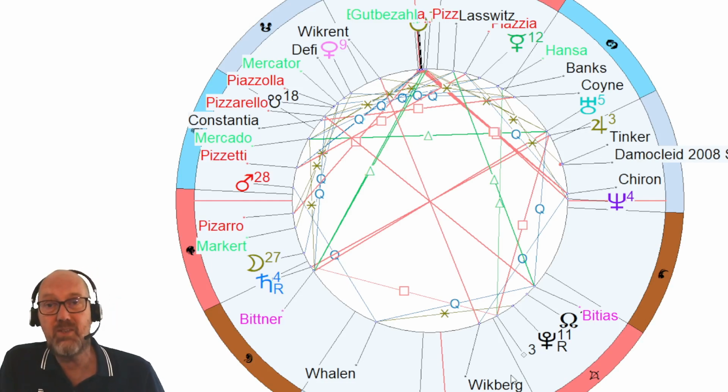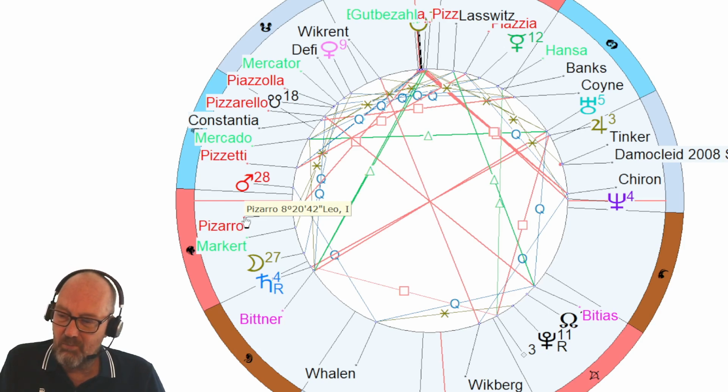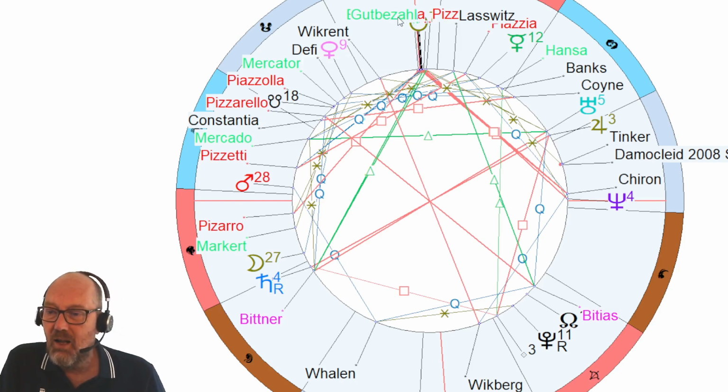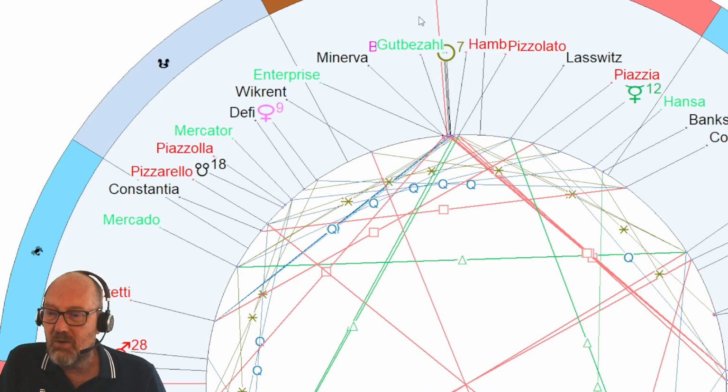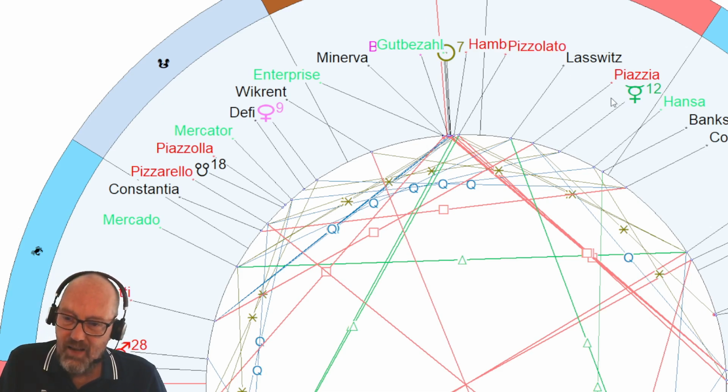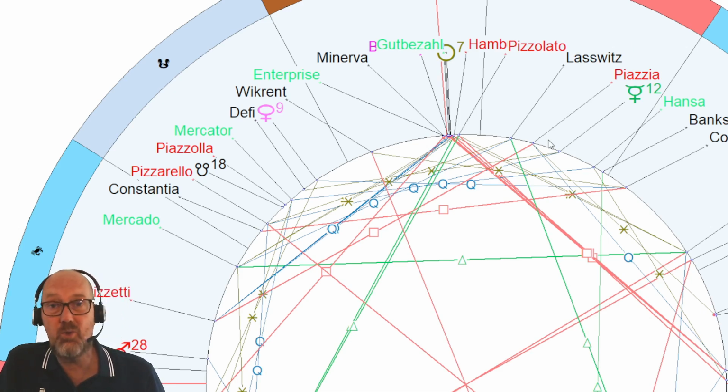A quick look at all those other colored asteroids. Pizza. Well, there is no asteroid Pizza, but there are quite a few asteroids that have a form that is not unlike Pizza, that is reminiscent of Pizza, or could be associated with Pizza. So we have Pizarro, Pizzetti, Pizzarello, Piazzola. Come on, Pizzolato and Piazza, and if you check it out, they're all aspecting stuff.